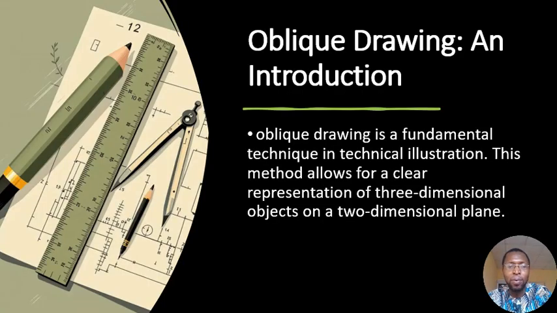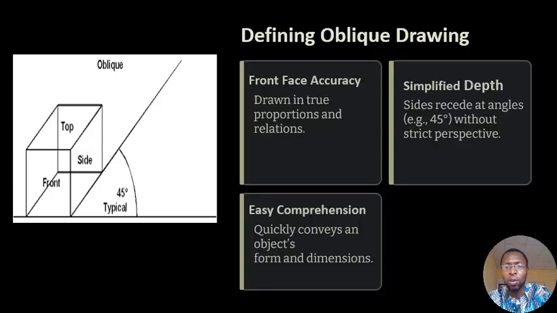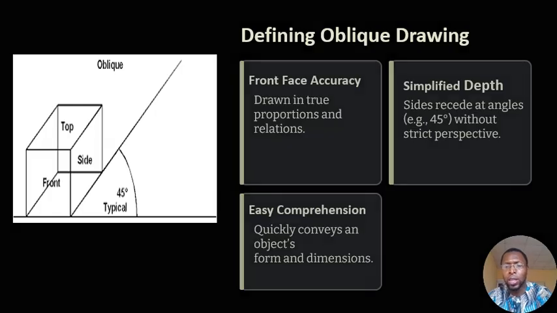So firstly, I would like us to talk about the definition of oblique drawing. So when we say oblique drawing, it is actually a technique in drawing that involves drawing the true proportion of the front face of the object, and also simplifying the side by receding the side of that object at an angle of 45 degrees without straight perspective.